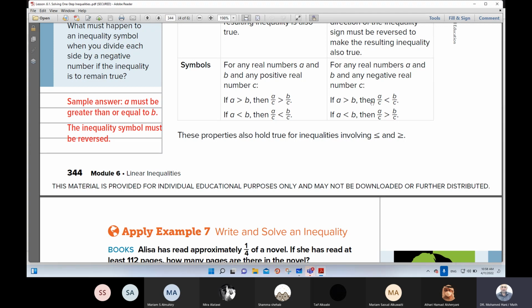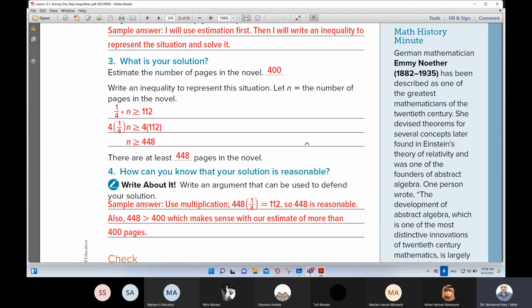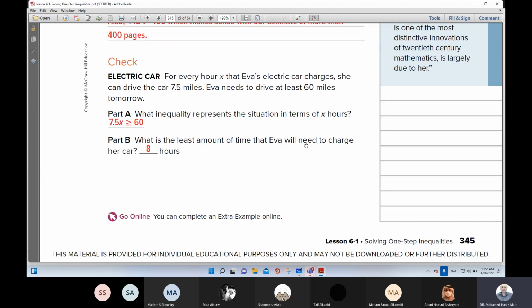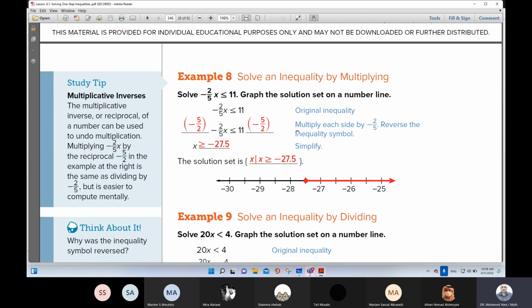But if you divide the two sides by a negative number, you will note the sign will be switched to the opposite sign. For example, we have here negative 2 over 5 x less than or equal to 11.